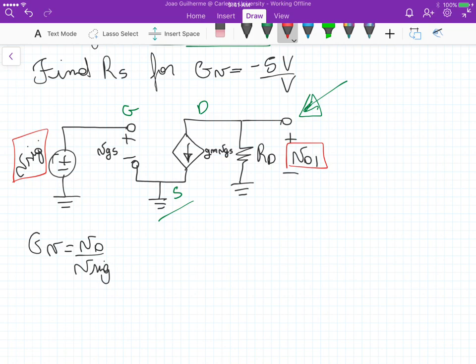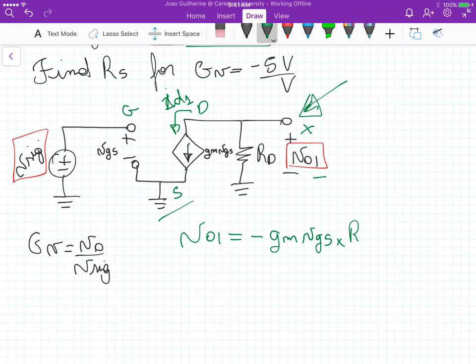Now we know that we can write the Vo1 as, again, the polarity here assigned for Vo is plus minus, and this current here at the drain that I call ID1 is flowing in the opposite direction. So we have to take minus gm VGS times RD.